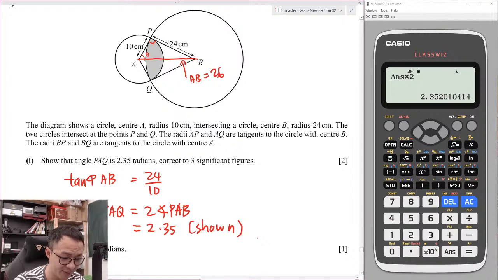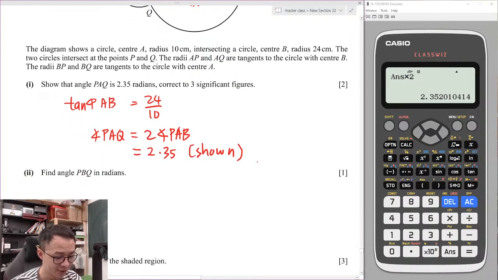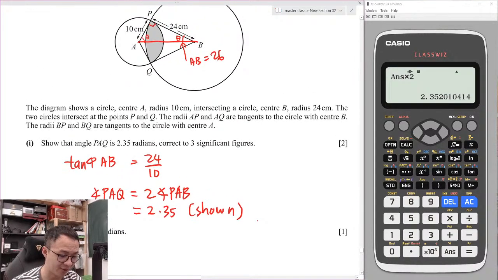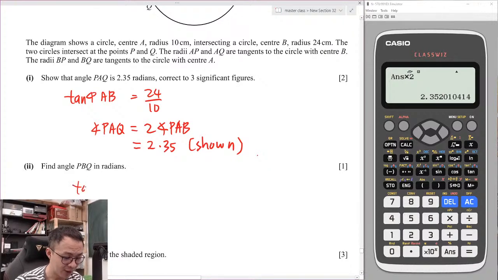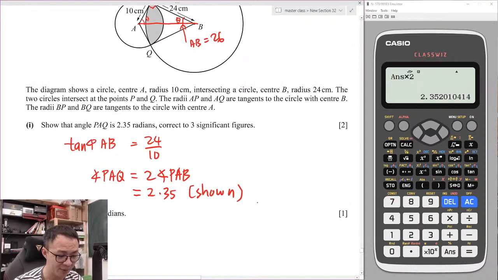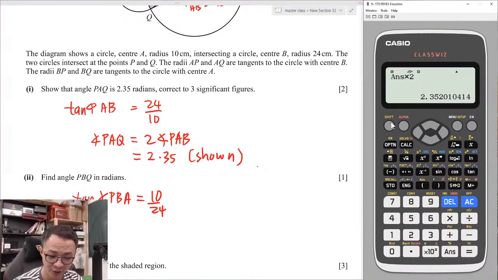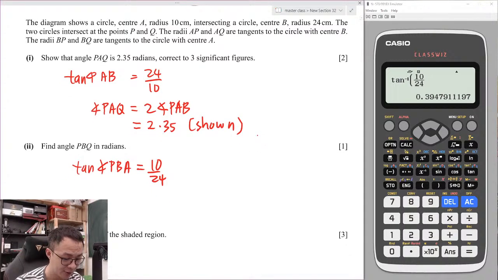Then they ask us to find the angle PBQ. Same thing. You need to solve this angle here, using the tangent as well. So tangent of angle PBA equals 10 over 24. Shift tangent 10 over 24. Drawing the angle is fine.